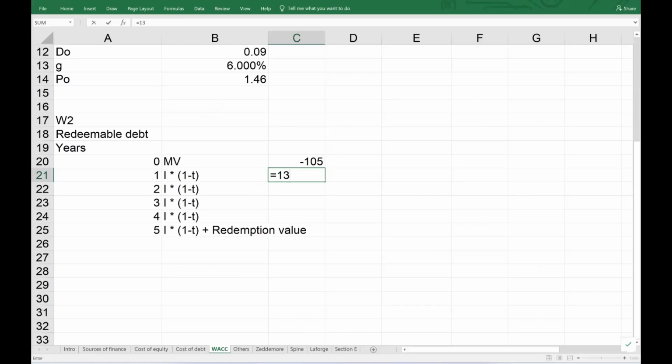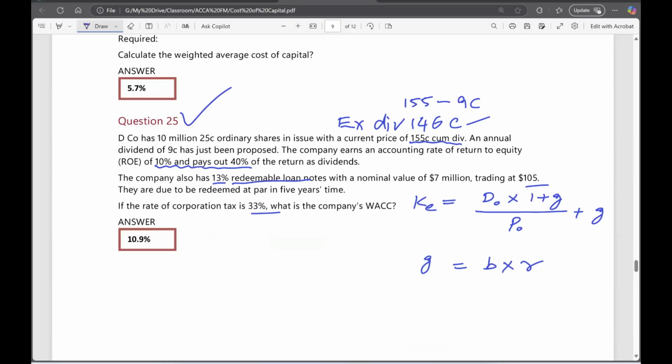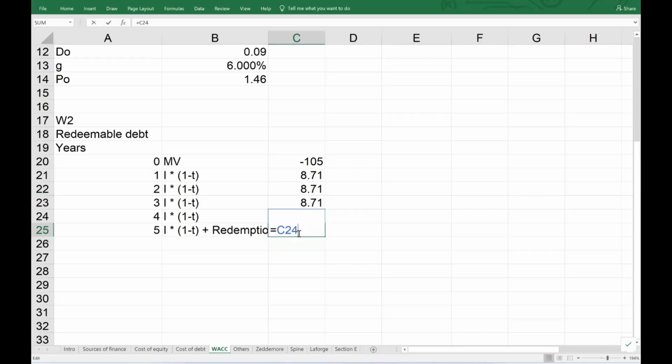So 13 into 1 minus 0.33, or you can put 0.67 directly as well. 8.71 for each year, plus redemption value, which is how much? Redeem at par, 100. So plus 100. And find the IRR now.